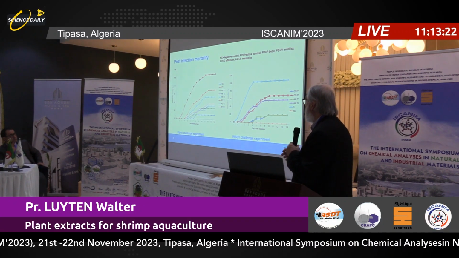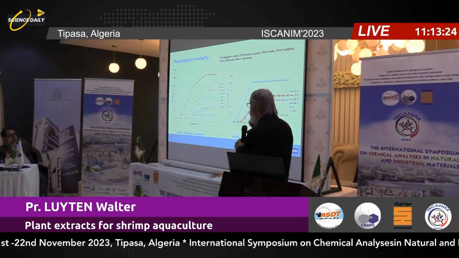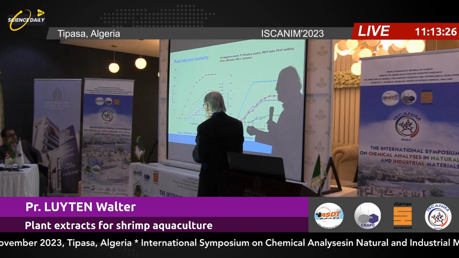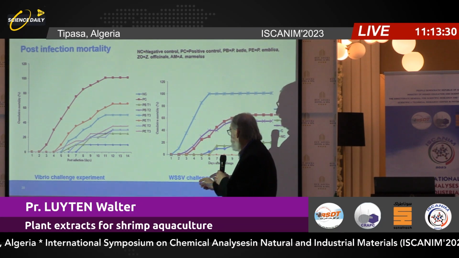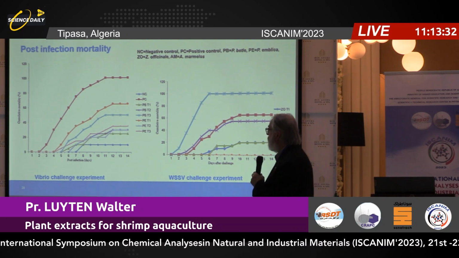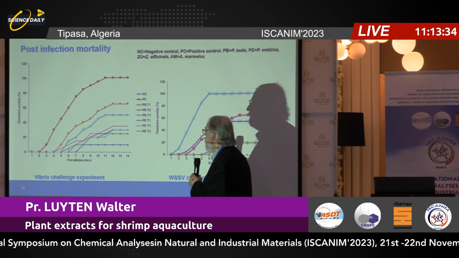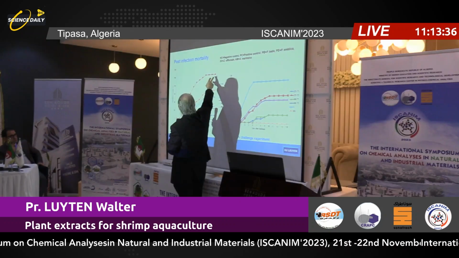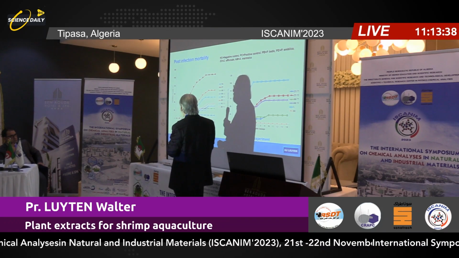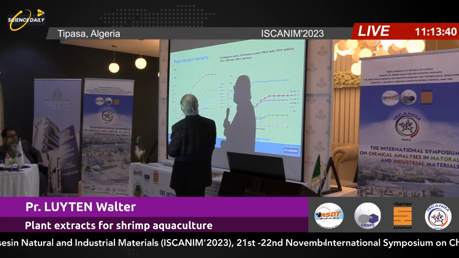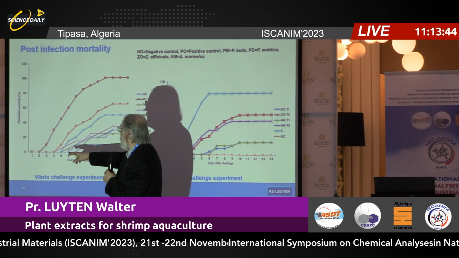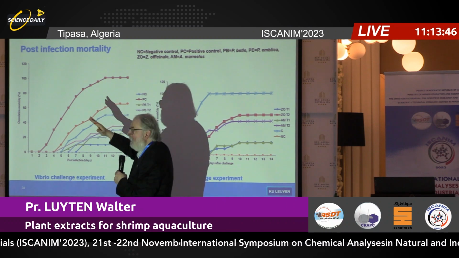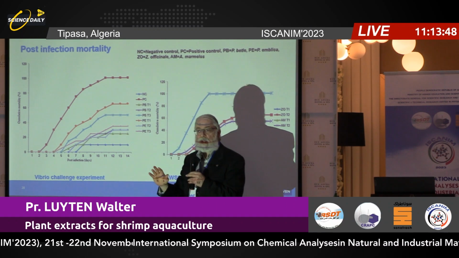Now the shrimp were then challenged, that is exposed, either to the bacteria, the Vibrio, or the virus, the white spot. And what you see here is that in the control condition where the shrimp have not been treated or have just received a regular feed, the mortality goes up to 100%. So they all die.